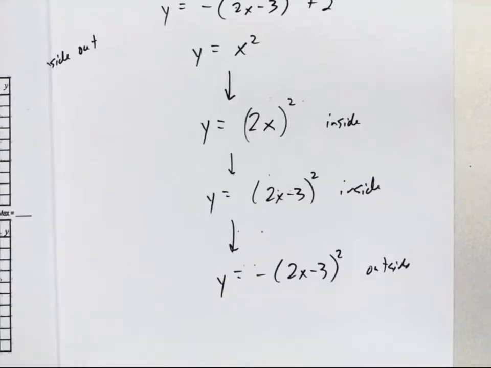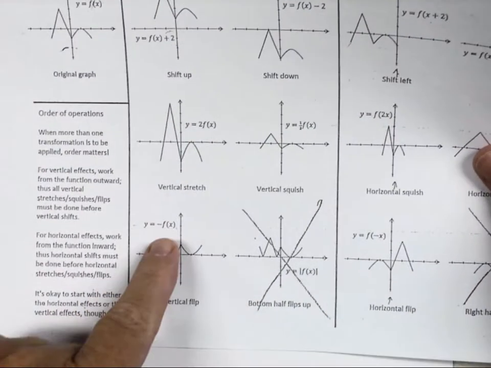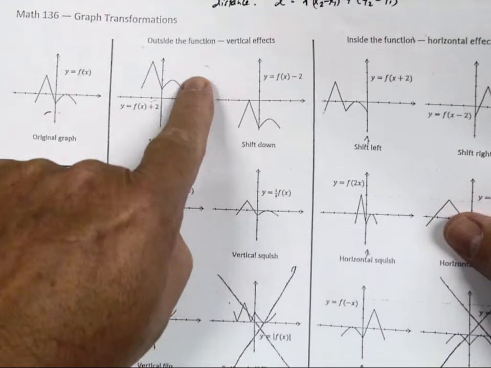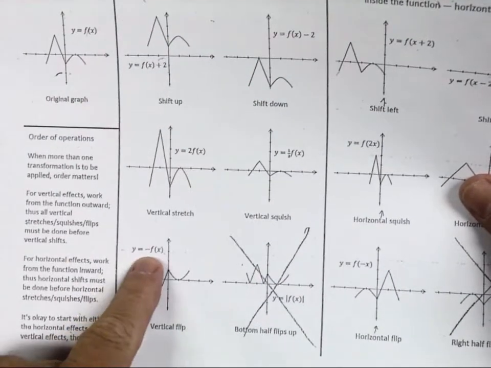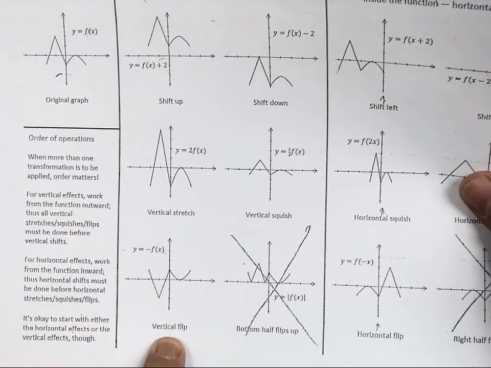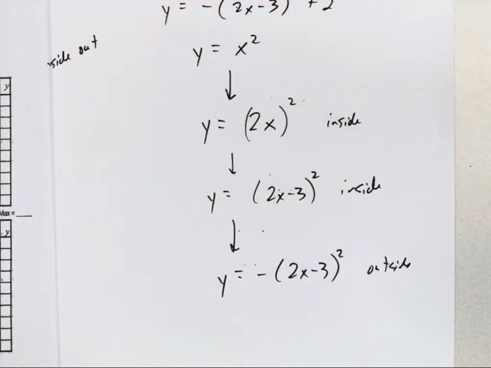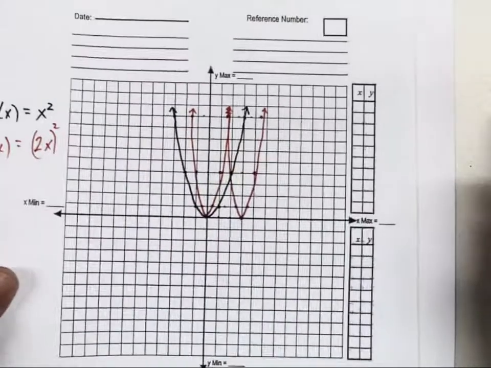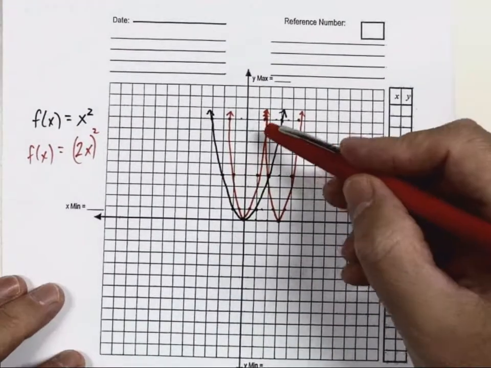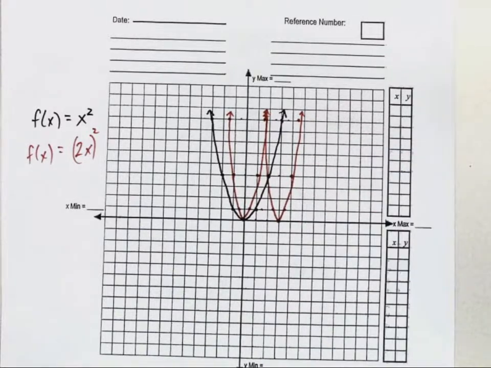So what's the effect of putting a negative outside the function? Here's outside the function. The negative here, it says it's a vertical flip. You rotate it around the x-axis. So I'm sitting right here, so I need to basically flip it over.